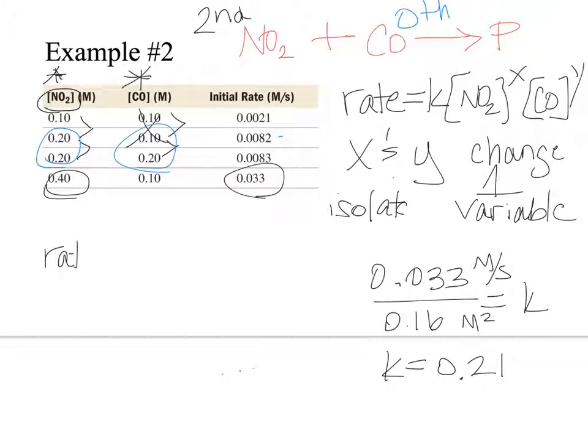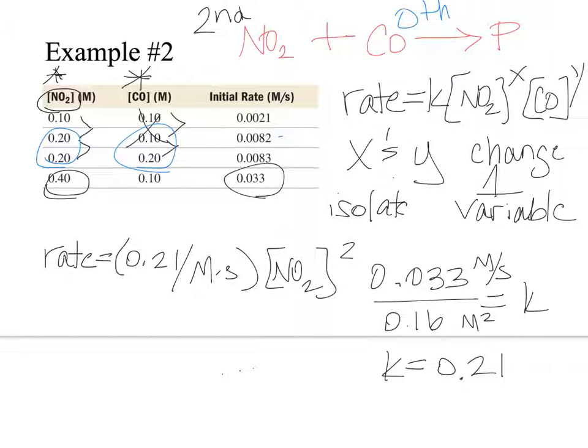Rate is equal to 0.21 per molarity squared times the concentration of nitrogen dioxide squared. Okay, so that's my complete answer there.